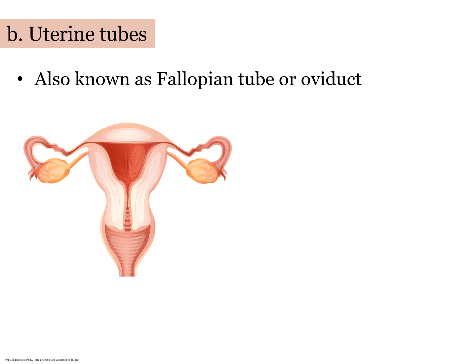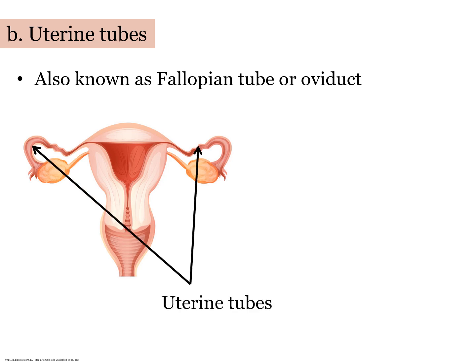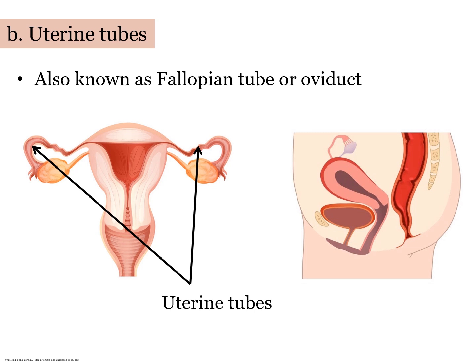Next, the uterine tubes. These tubes are also known as the fallopian tubes or oviducts. They serve as a passageway from the ovaries to the uterus. There are two uterine tubes.